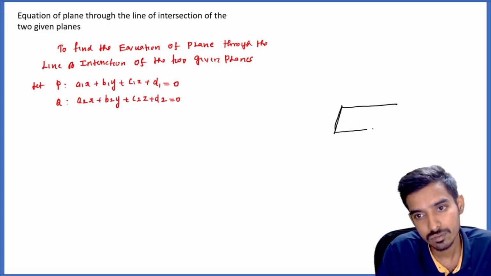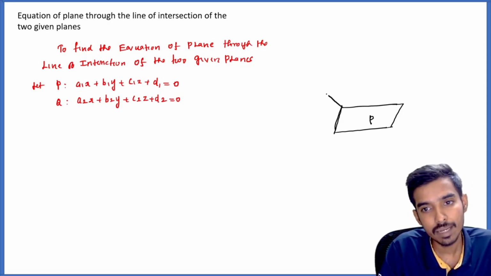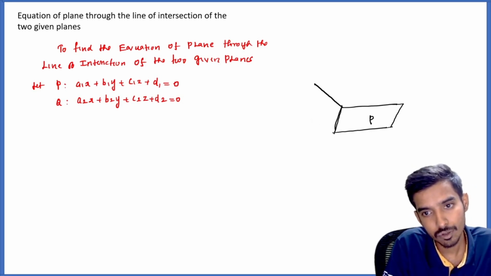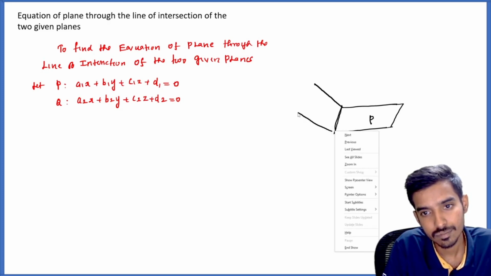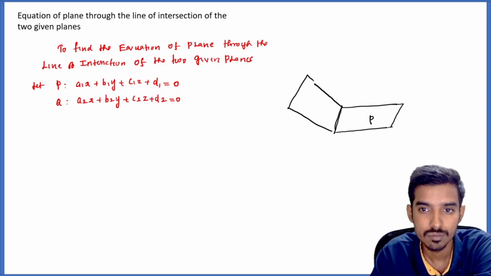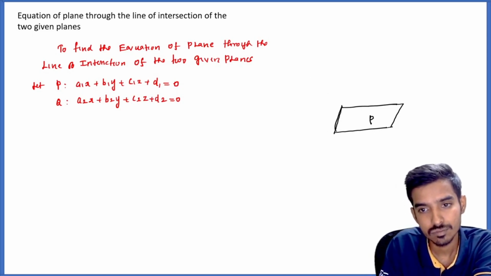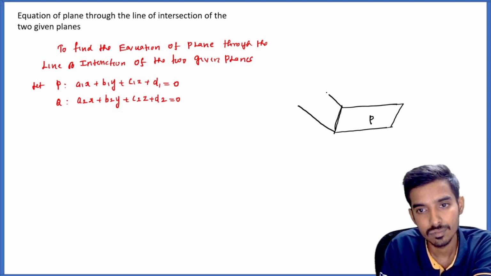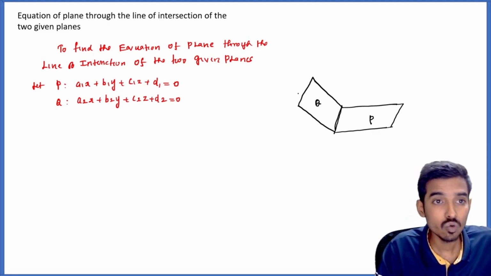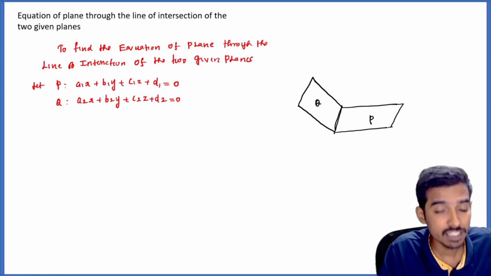Let this be the first plane P, and let the other plane be Q. Now you can see, you need to find an equation of a plane through the line of intersection of the two given planes.